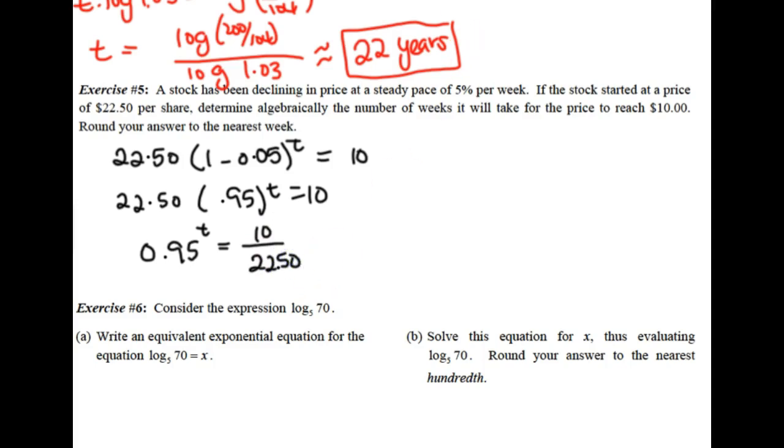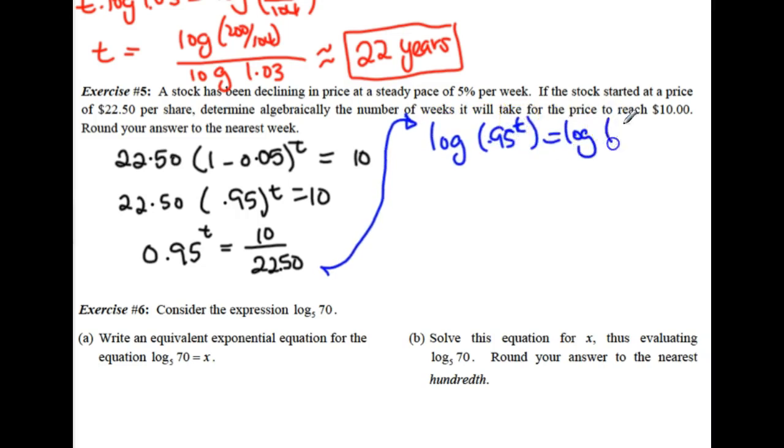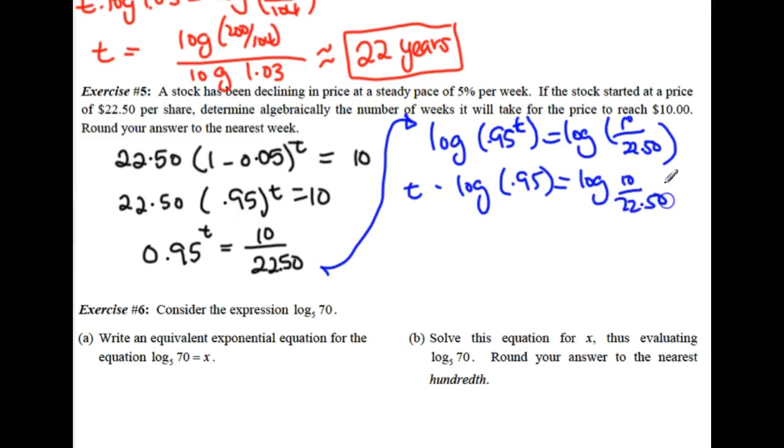And now from here, I should know what to do. Just like what we were doing, the log of 0.95 to the t is equal to the log of this whole thing here, 10 over 22.50. Using the power law, remember multiplication there, t log of 0.95 is equal to the log of 10 over 22.50.